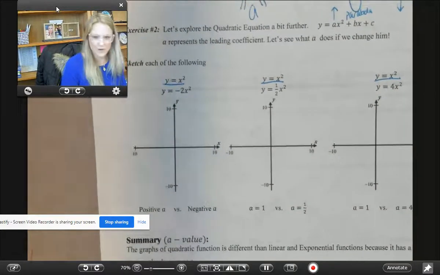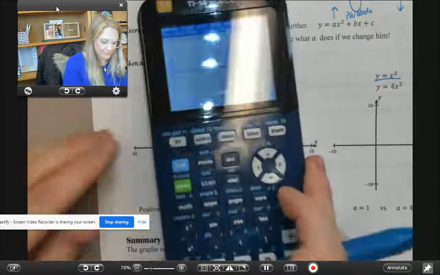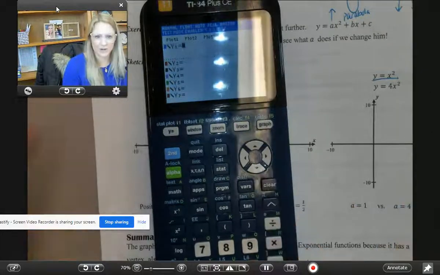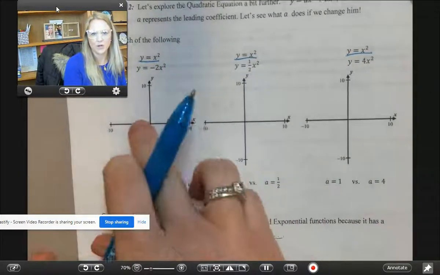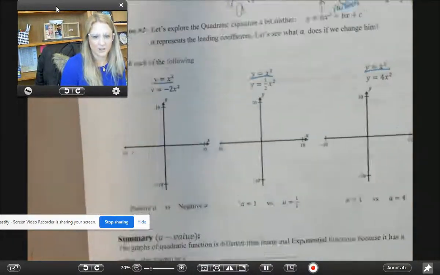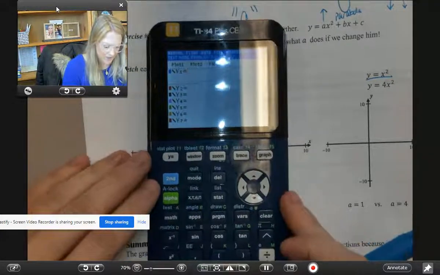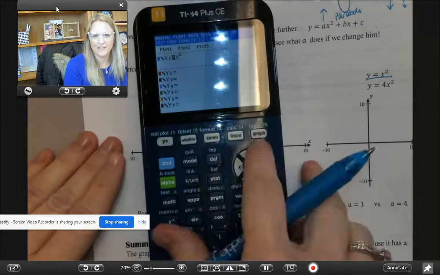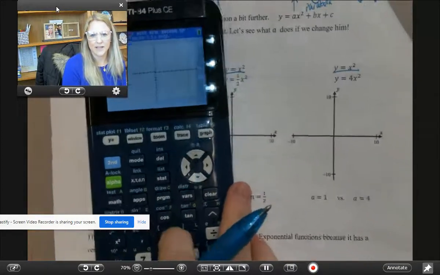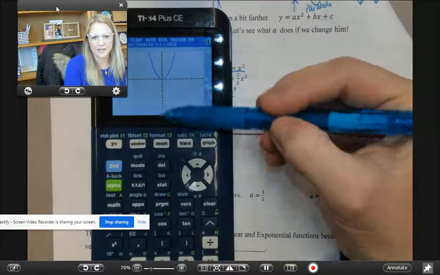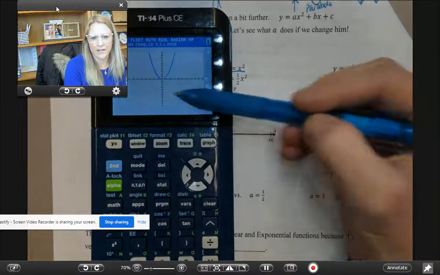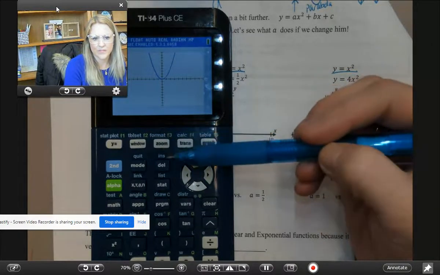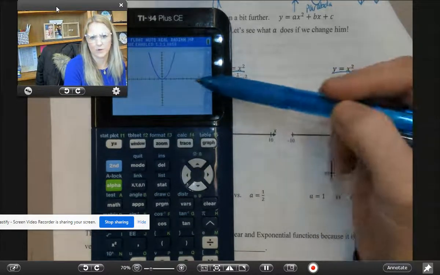All right, so let's go into our graph paper and let's sketch it. So the first thing is, what does x squared even look like? Because we might as well go graph it and then sketch it real quick on all of these graphs. So y equals, and then x squared. And let's graph it and see what it looks like. And if your calculator isn't in the standard 10 by 10 range, hit zoom 6, and that will put it in the standard form.